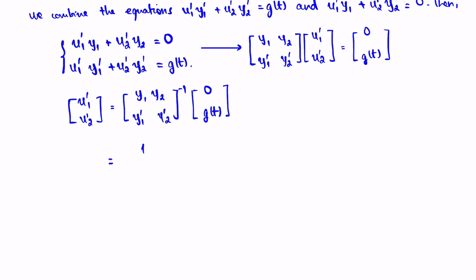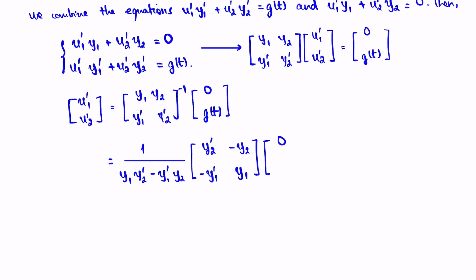It's equal to 1 over y1 times y2 prime minus y1 prime times y2, multiplied with another matrix, where you swap the entries on the main diagonal: y2 prime, y1, and put negative signs on y2 and y1 prime. Then multiply with 0, g of t.